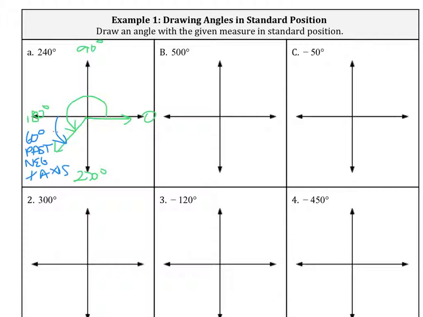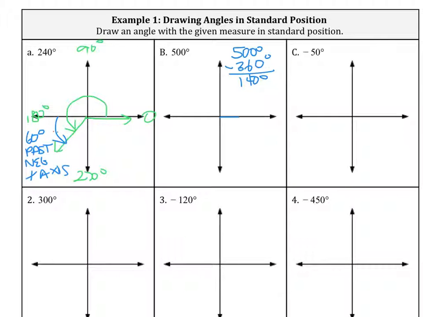Then let's look at B, 500 degrees. So we need to figure out how far is that going to go and what quadrant is it going to lie on. So how can you figure it out? Well, you just take 500 degrees. You know that one whole rotation is 360, so you subtract 360 degrees, and so you're going to end up with 140 degrees, and that's in quadrant 2.